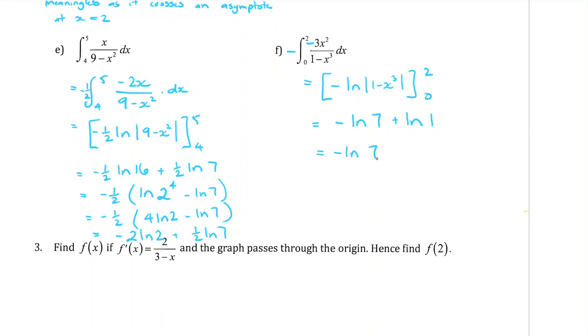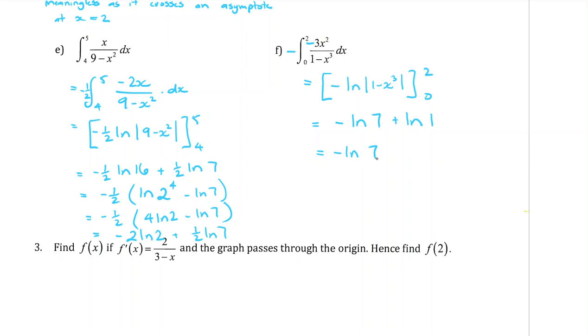But what makes the denominator 0? Anything? And x equals 1. Where have I integrated between? Yeah, so we have another one where we're integrating over an asymptote.